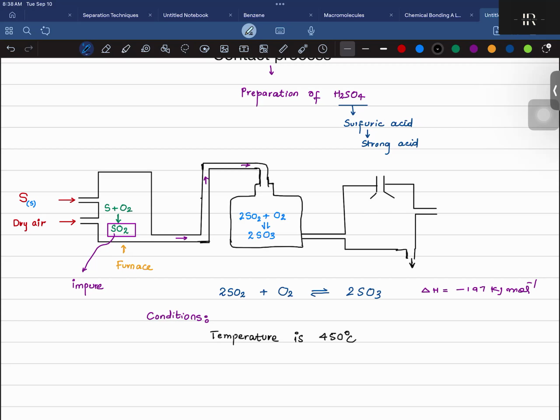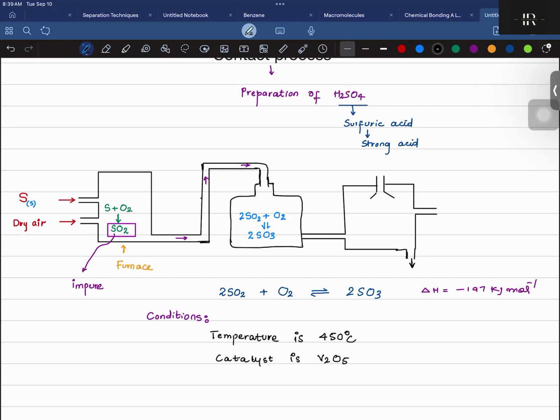And then a catalyst is added, that is V₂O₅, vanadium pentoxide.